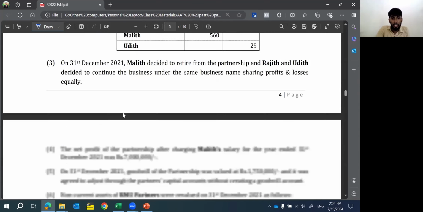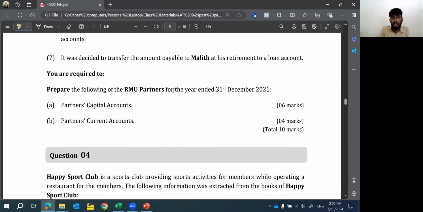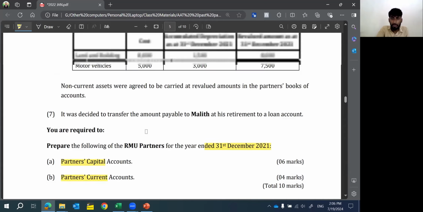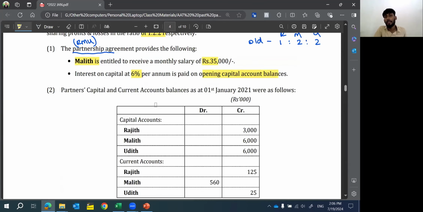Now, first of all, let's see the requirement here. Here also they are asking us to prepare, for the year ended 31st December 2021, the capital accounts and the current accounts. So before reading other stuff, we can make sure that we prepare the current account and the capital account.